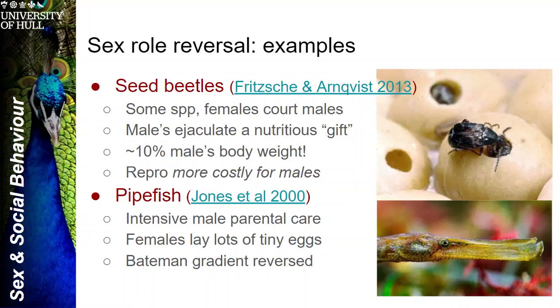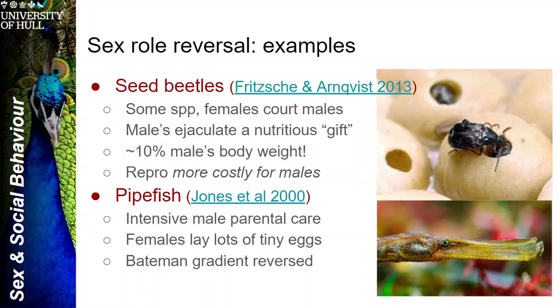So their sperm not only is used to fertilize eggs, but is also used as a nutritious gift, which can be up to 10% of the male's body weight. So in that case, a male is investing more than a female in reproduction. And so reproduction is more costly for males than it is for females, and males are now the limiting resource over which females have to compete.